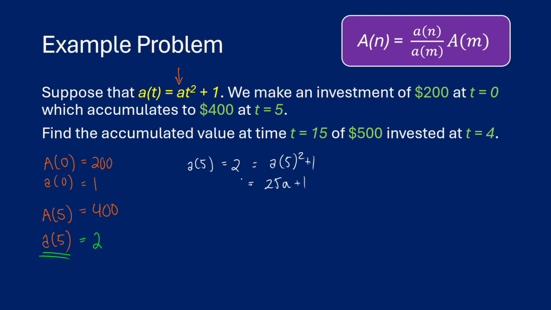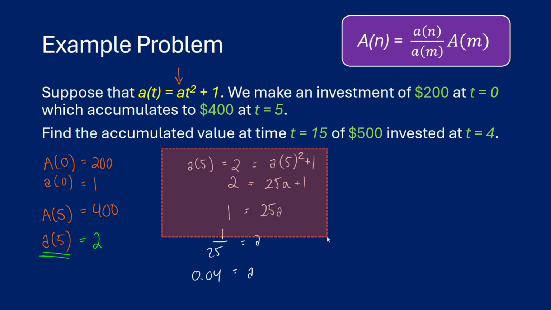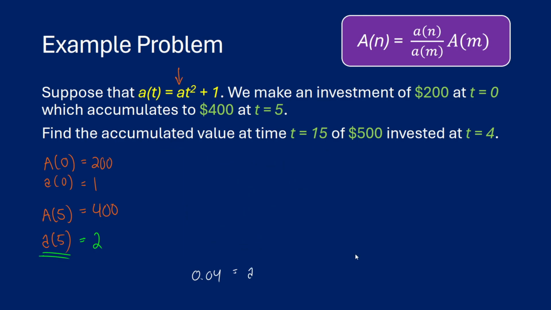Rearranging, we get 1 is equal to 25a, which means that 1 over 25 is equal to a, which is 0.04. So now that we have that value, we have our new accumulation function: a of t is equal to 0.04 times t squared plus 1.